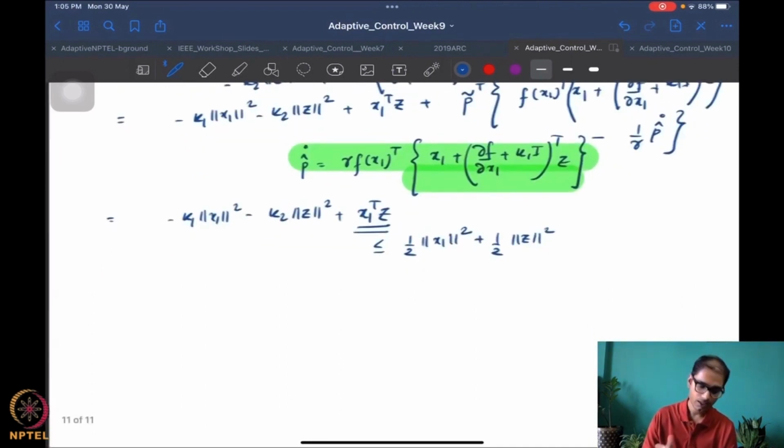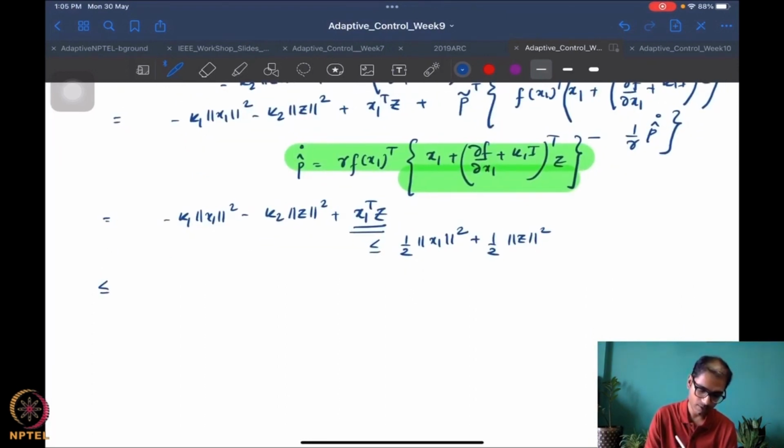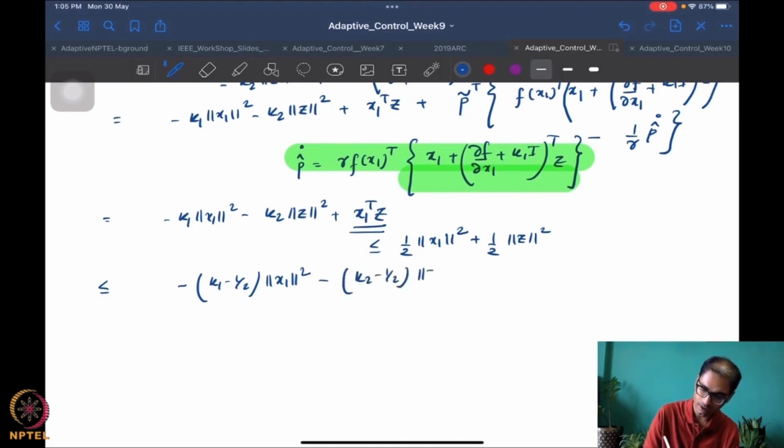All right, pretty simple, pretty straightforward. Okay, and I know that this is negative semi-definite if k1 and k2 are strictly greater than half. Let me write this properly. All right, and so I'm done, right?